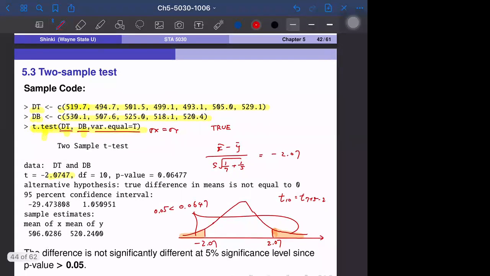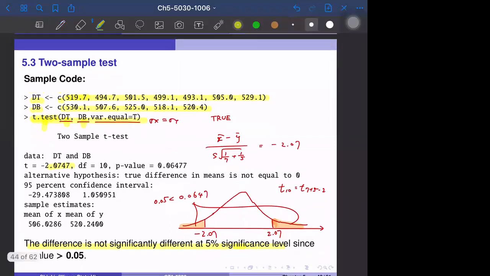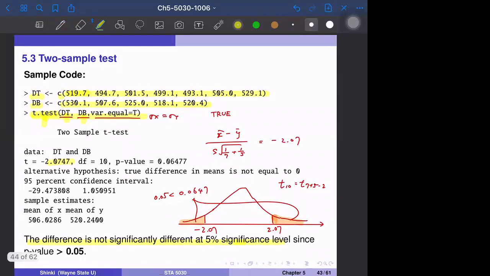The difference is not significant at that level. It looks like Dearborn has a higher score on average, but the sample size is very small, so we cannot draw a strong conclusion. If you want to see the difference, we have to sample more schools.